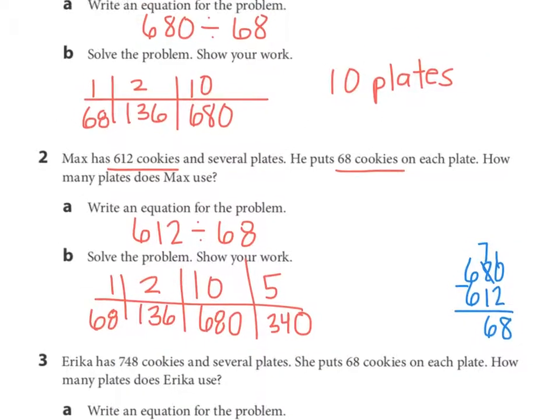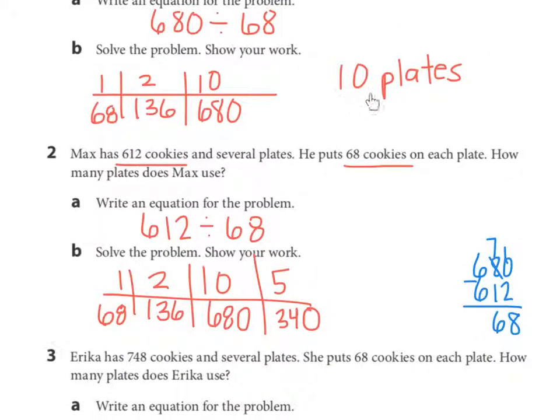So if up here it was 10 plates, and my dividend is 68 less, it's going to be one group of 68 less. Therefore, instead of 10 plates, I'm going to use 9 plates. So for 2b, the answer is 9 plates because it's one group less.